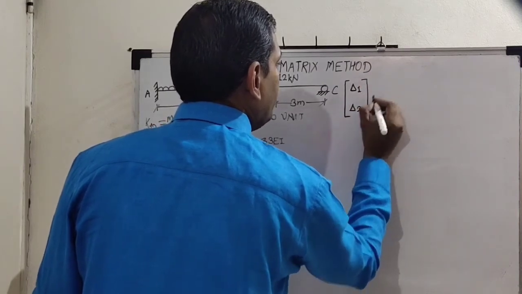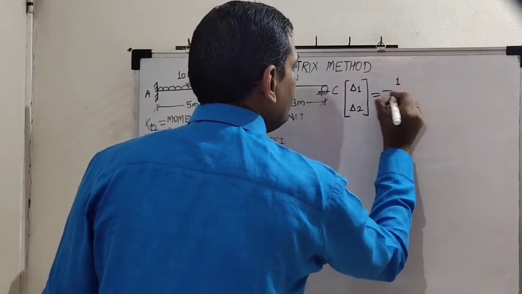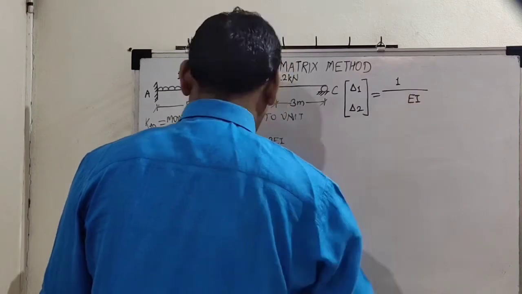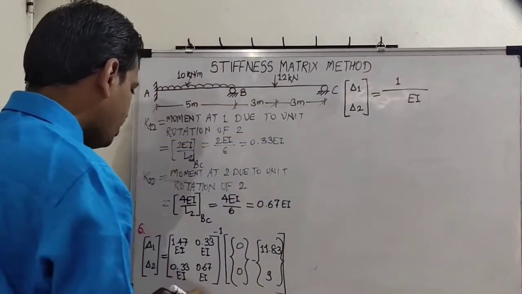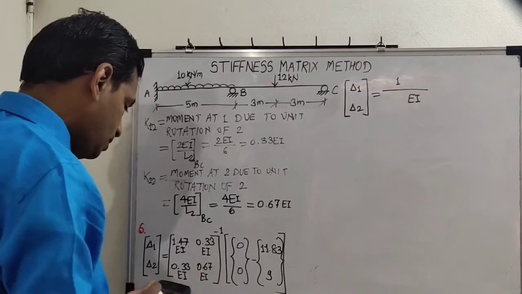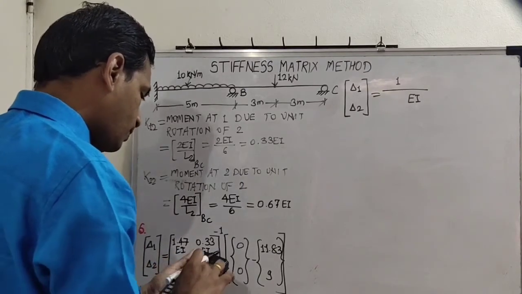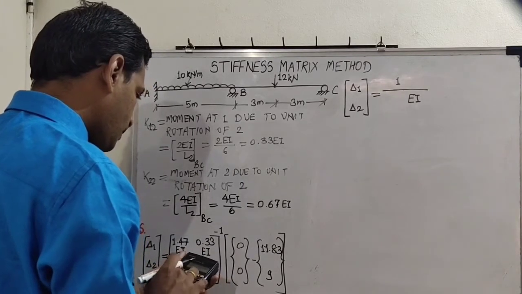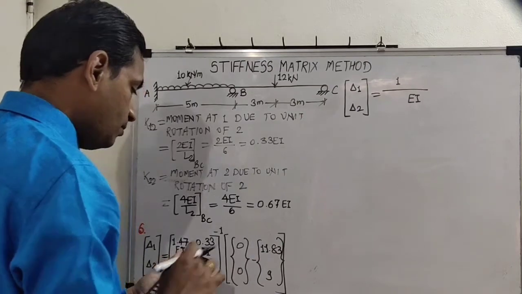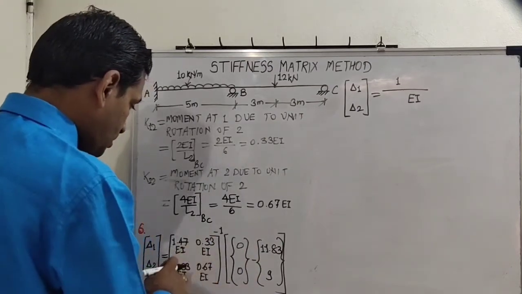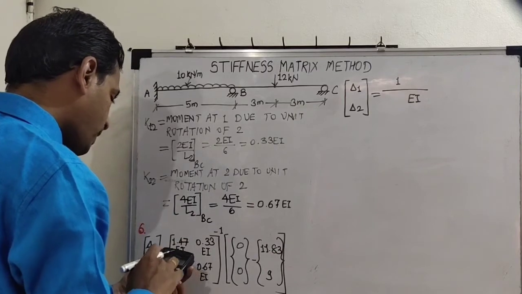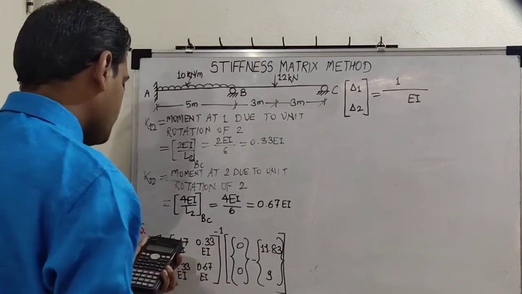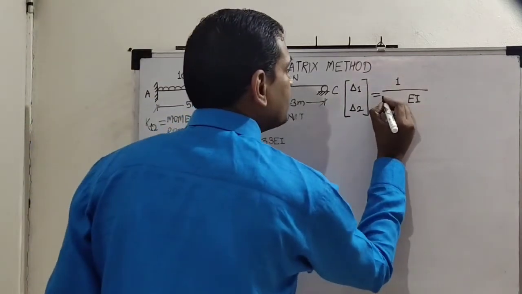First of all, we will get the determinant of the 2 by 2 matrix. The determinant is the multiplication of diagonal elements, so 1.47 into 0.67 minus 0.33 square. So this is 0.876.